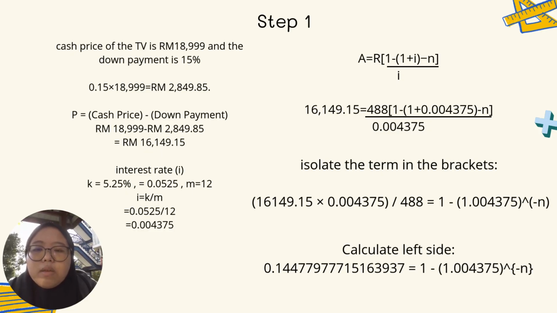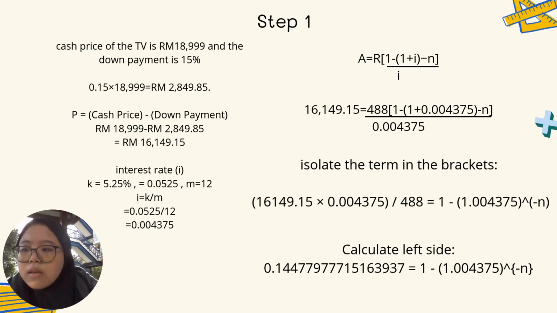Next step is P, which is cash price minus down payment: RM 18,999 minus RM 2,849.85, and the answer is RM 16,149.15.